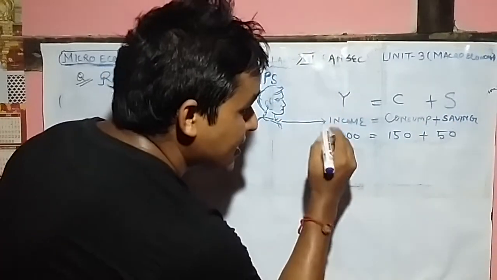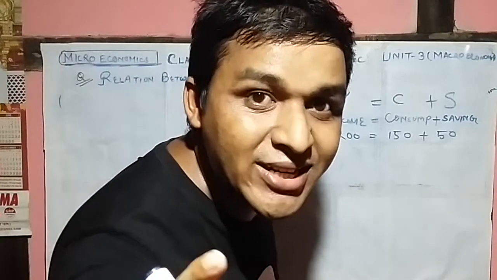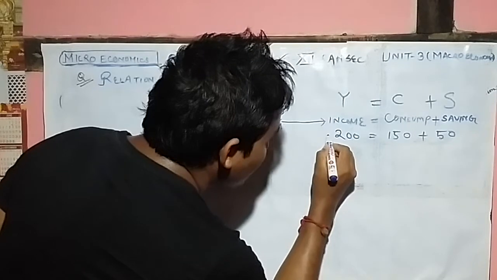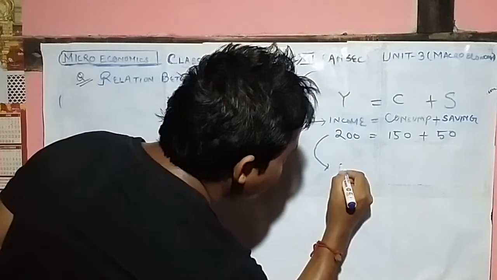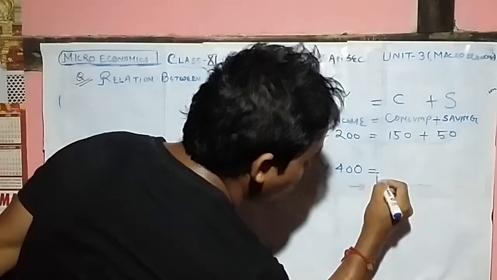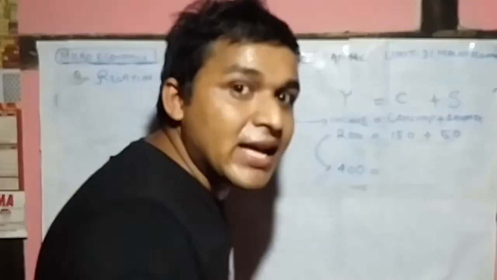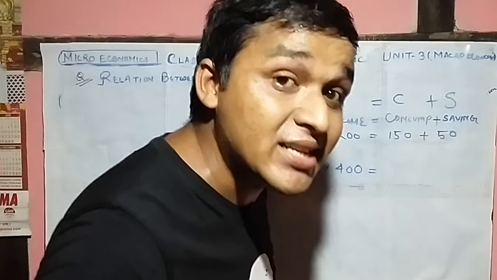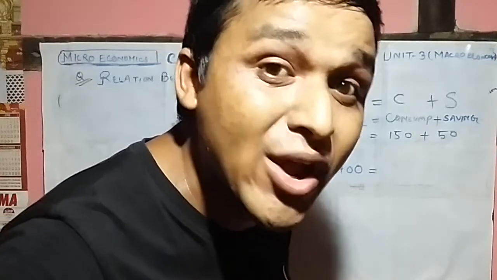Now suppose the income of that individual increases from 200 to 400. As income increases, consumption increases, as proposed by John Maynard Keynes.